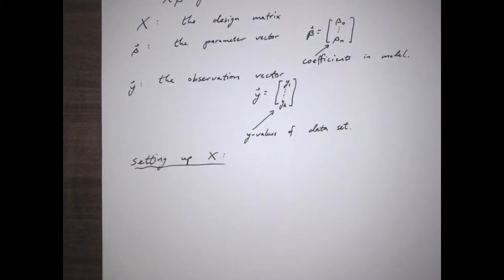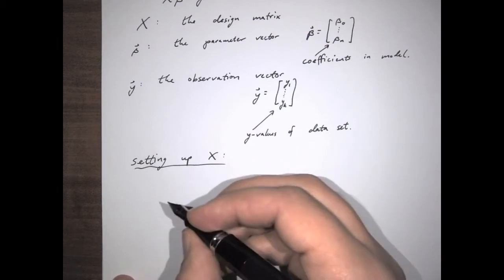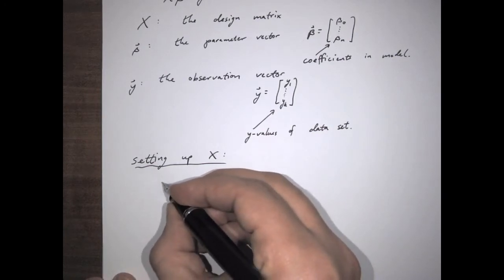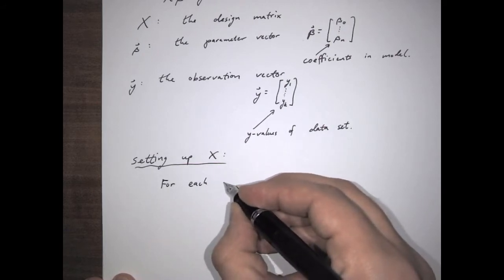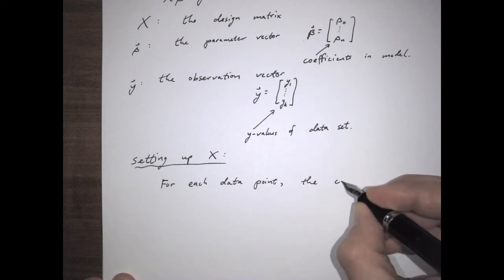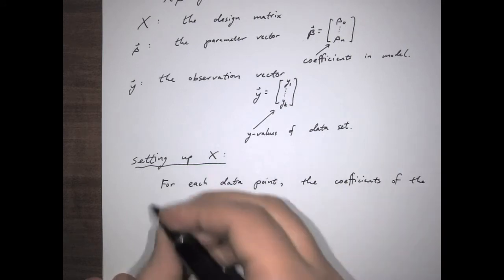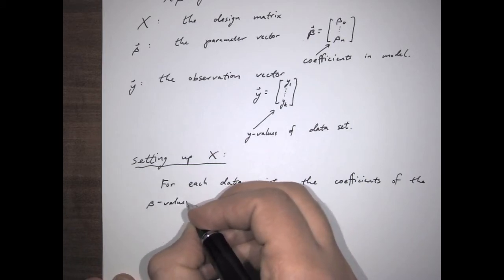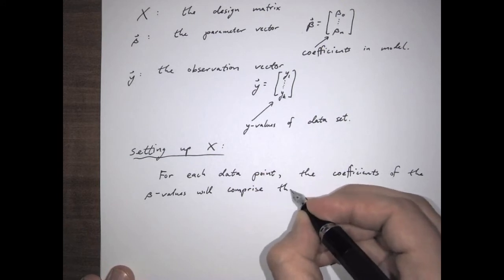Essentially what you need to do is use your given data values and peel off what are going to be the weights of each of the beta values, and those will serve as the entries along each row of X. So for each data point, the coefficients of the beta values will comprise that row of X.